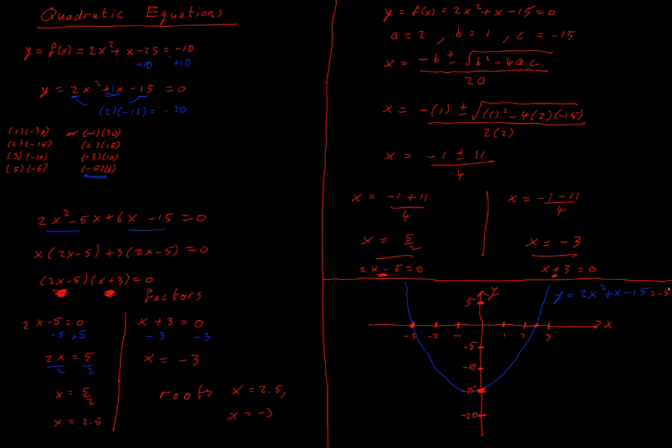If we were asked to use our sketches to figure out what the value of this function is equal to minus 5 would be, we would go y is equal to minus 5. We'd go across to our graphs and down. And I would say that roughly speaking, our values of x would be 2 and x would be equal to minus about 2.5.